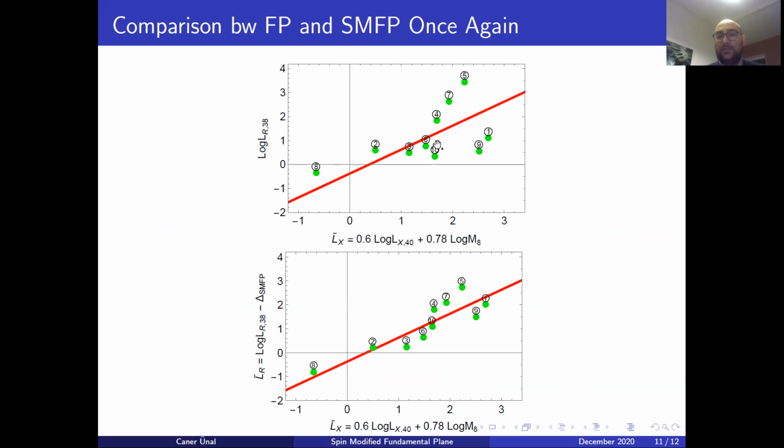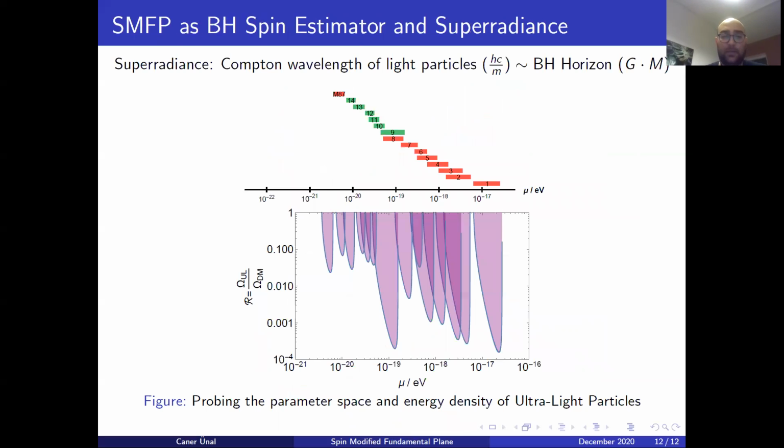Look at these scatters for the 10 AGNs whose spins are measured precisely, with independent measurements by continuum and spectral techniques. The spin is not an independent variable, but just an inherent property of the system.